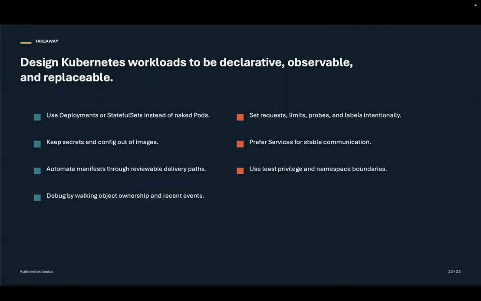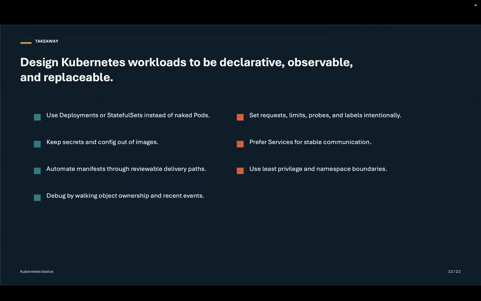What's the takeaway from this session? The final takeaway is that a Kubernetes workload should be declarative. It should be easily observable and also replaceable.